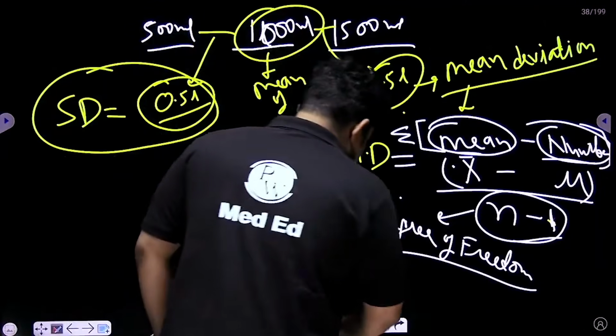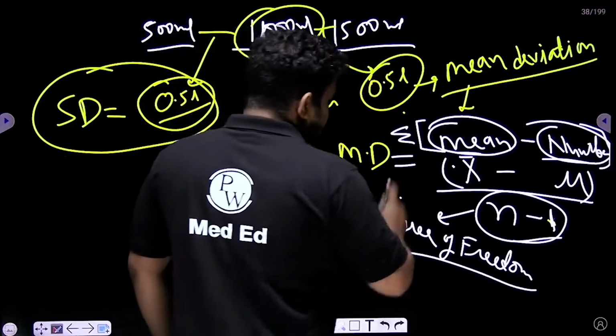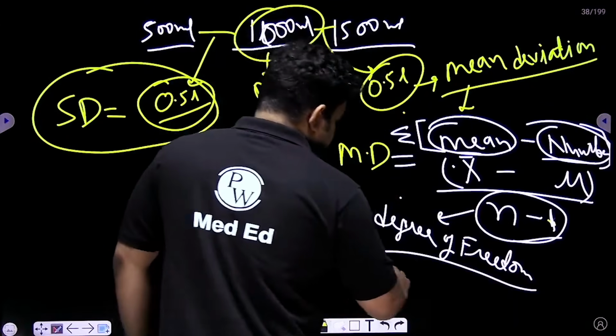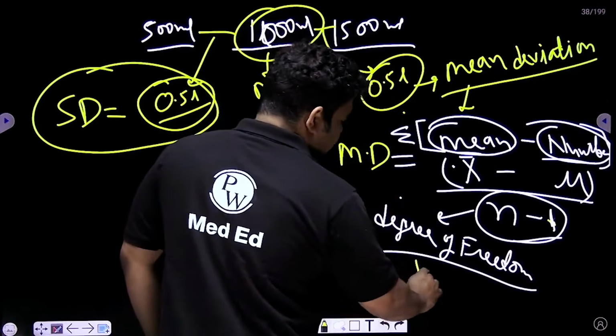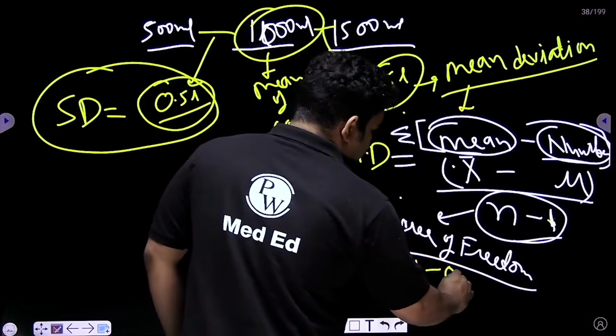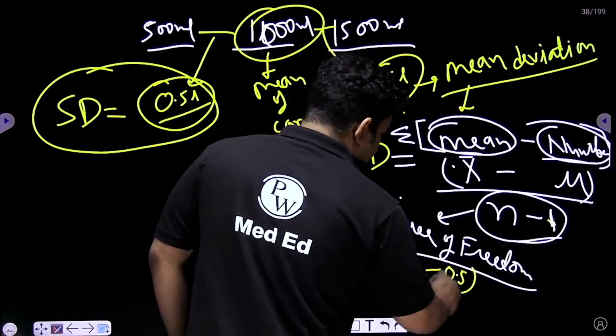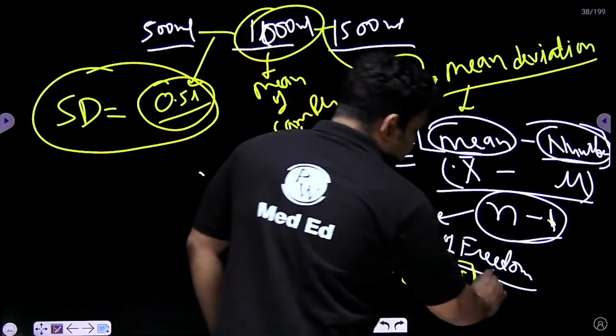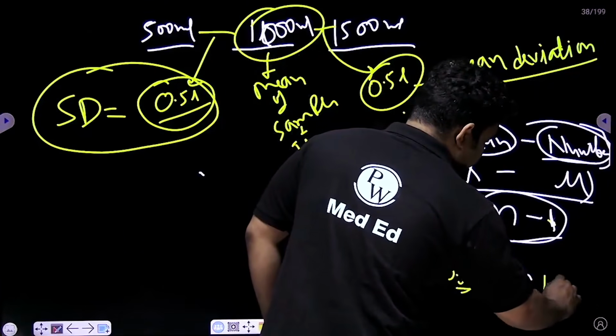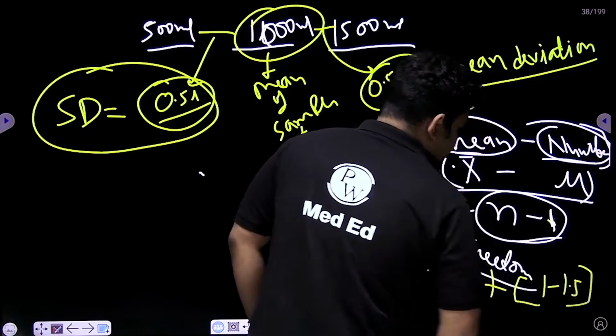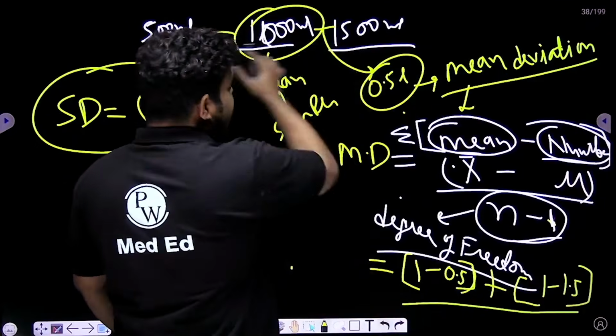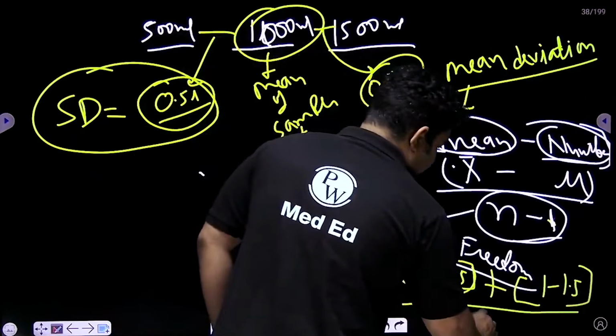But if you try to find the mean deviation with this formula, what is the mean of our question? Our question mean is 1 liter. So first you will subtract 0.5 from 1 liter and put this special type of bracket. Then you will add the subtraction of 1.5 from 1 and put this type of bracket. And there are 3 people, so sample size is 3 minus 1, that is 2.